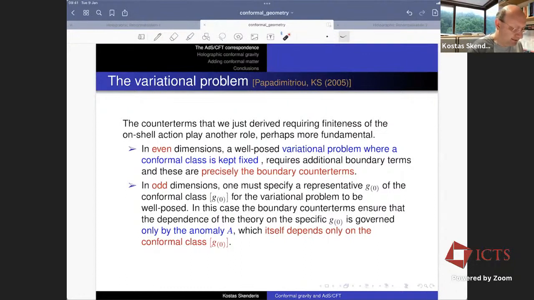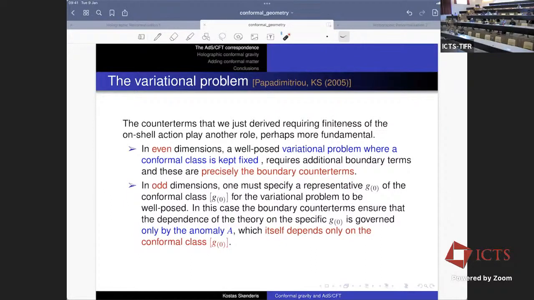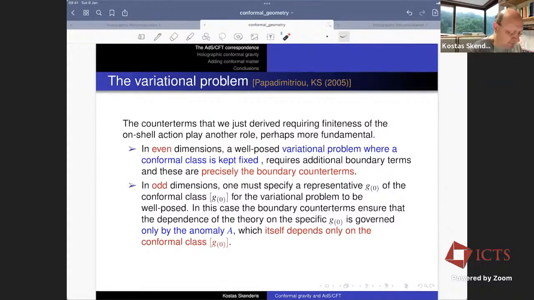So next, I'm going to move to the board, with any questions at this point. Sorry, I'm confused. Is even the dimension of the boundary or the dimension of the bulk? Even is the dimension of the bulk. So AdS4, AdS6.